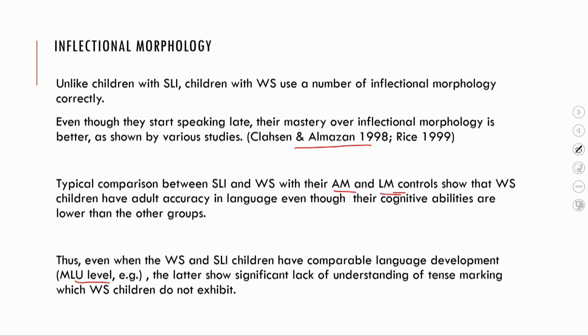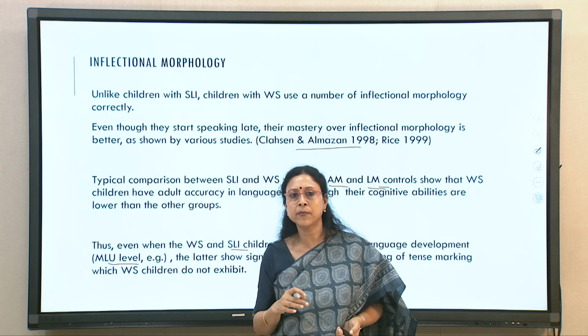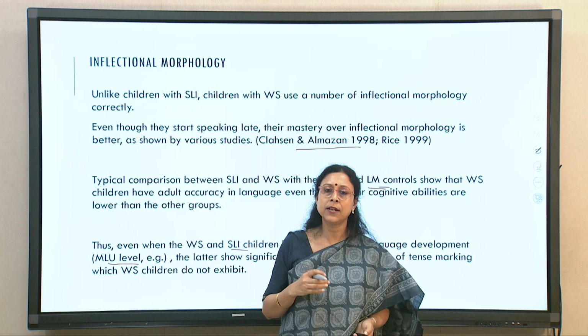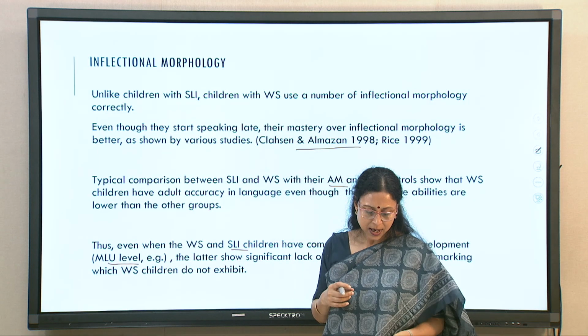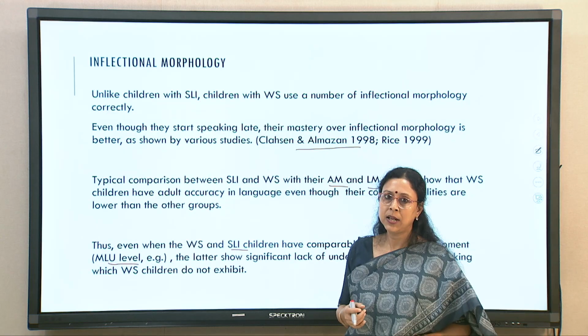The latter show significant lack of understanding of tense marking, which the WS children do not show. So, in terms of the length of utterances, they can be comparable sometimes. However, the inflection, which is a serious problem with SLI children, is not seen with the Williams syndrome children.